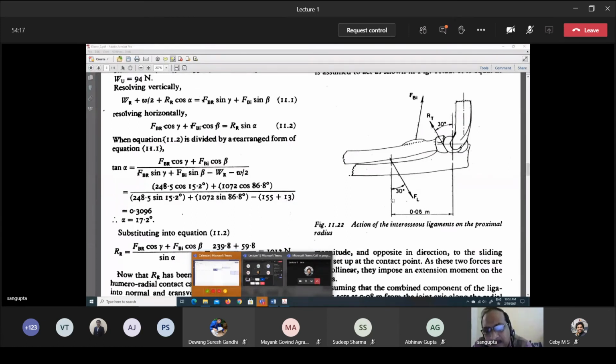So during extension, the contribution of the anterior capsular ligament is predominantly high, and it is contributing hugely in the whole load sharing mechanism, and it is stretched to the limits. But maybe during that time, as Abhinav explained, the action of the interosseous ligament may be laxing.